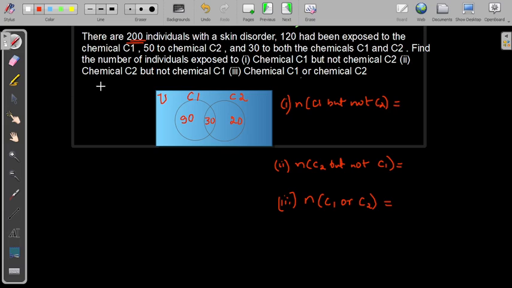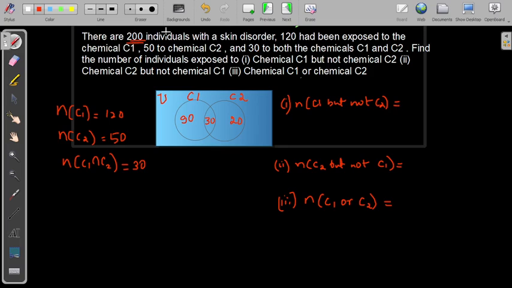So 120 of the people are exposed to chemical C1, 50 to chemical C2, and 30 to both chemicals C1 and C2. So n of C1 is equal to 120, n of C2, exposed to chemical C2, equals 50, and n of C1 intersection C2, exposed to both chemicals, equals 30. That is given to you.